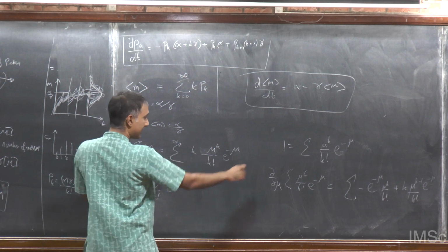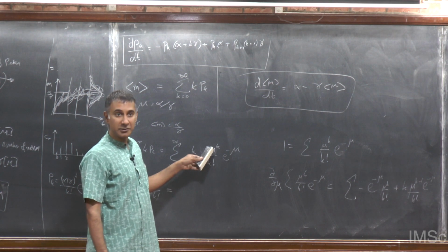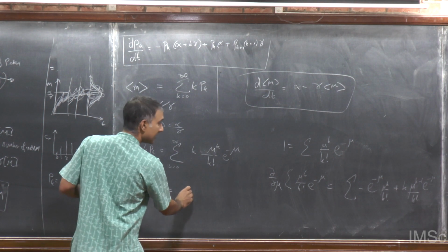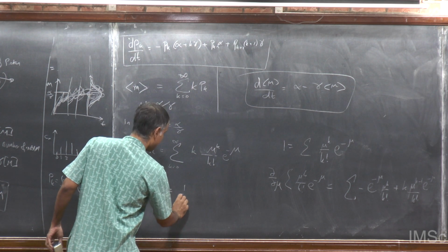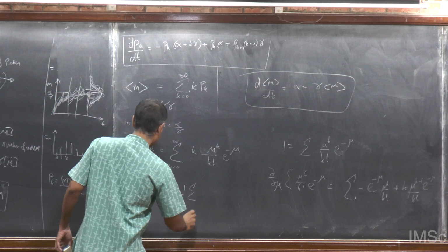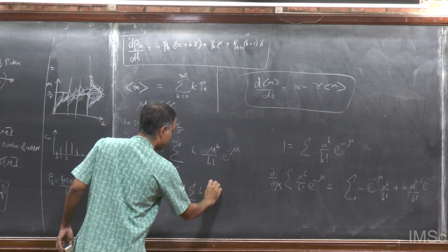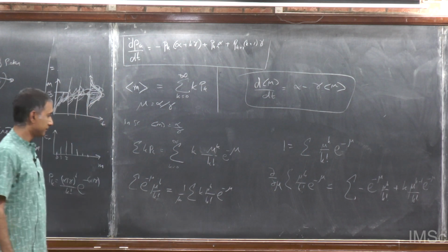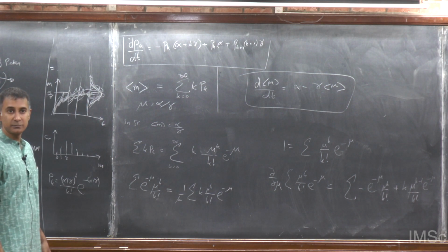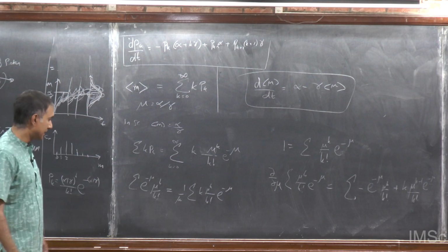The difference between here and there is that the mu has a different power, but that's very easy to fix. I can say it's 1 over mu times the sum of k mu to the k over k factorial e to the minus mu. I'm just taking the same terms.